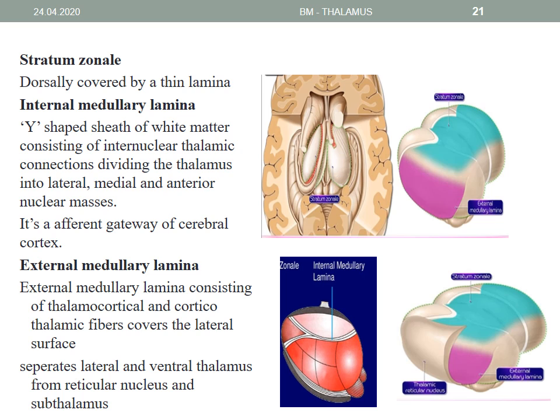The internal medullary lamina is a Y-shaped sheet of white matter consisting of intrathalamic connections dividing the thalamus into lateral, medial and anterior nuclear masses. It is an afferent gateway of cerebral cortex. External medullary lamina consists of thalamocortical and corticothalamic fibers covering the lateral surface. It separates the lateral and the ventral thalamus from reticular nucleus and subthalamus.